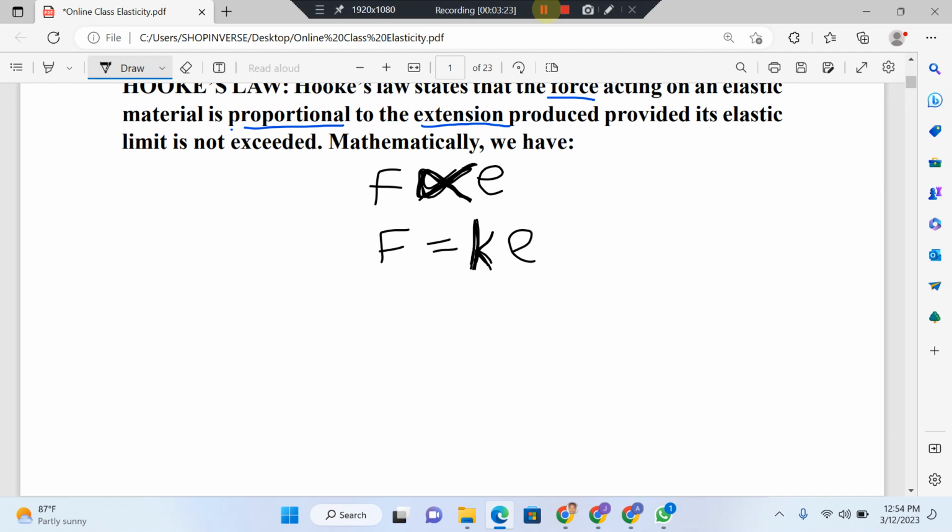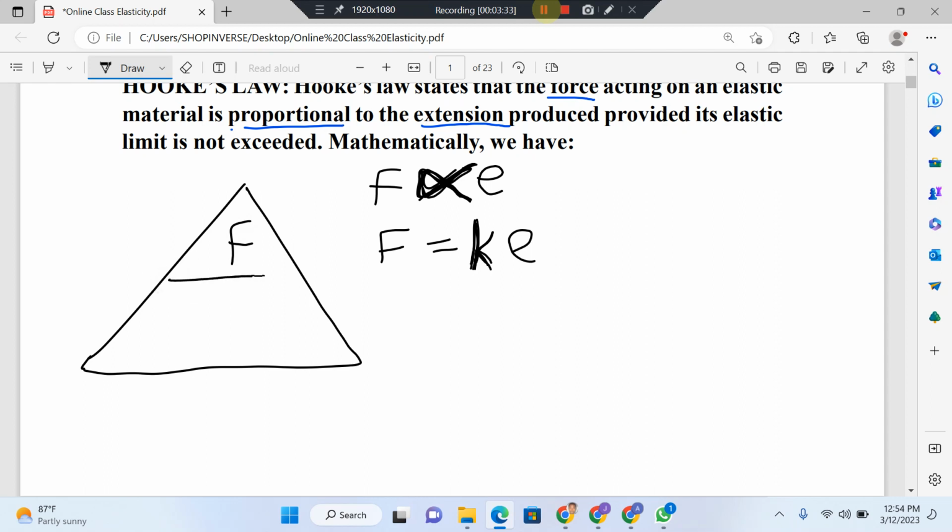We can have a visual representation of this formula as follows: we have F here, then K on the left hand side, which is the stiffness of the spring, then E.